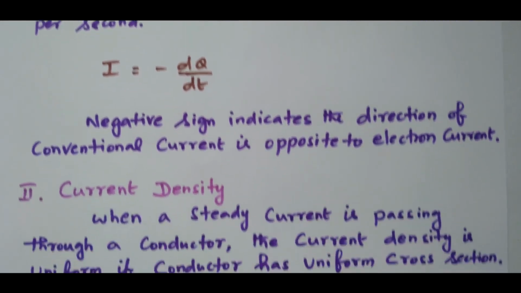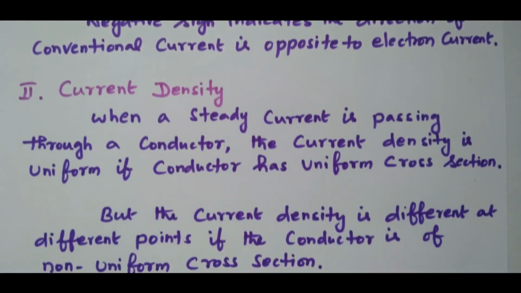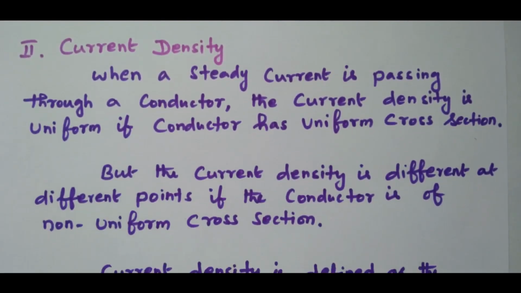Now we'll see the current density. Normally current density refers to length, area or volume; here we are referring to area. Why do we go for current density? If a steady current is passing through a conductor with uniform cross section, the current density is uniform.